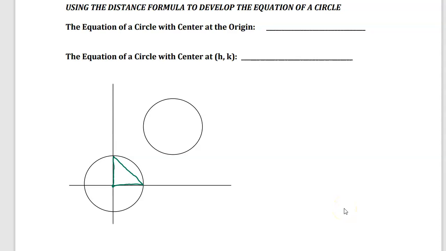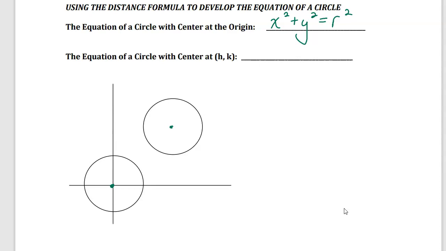And the equation of that circle is going to be this x value, this y value, and then however far the radius is. And so the equation of that circle is going to look like x squared plus y squared is equal to r squared. Now, part of that is because we didn't shift the circle anywhere, okay?